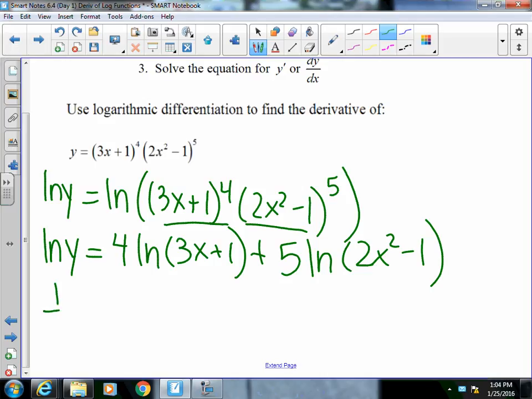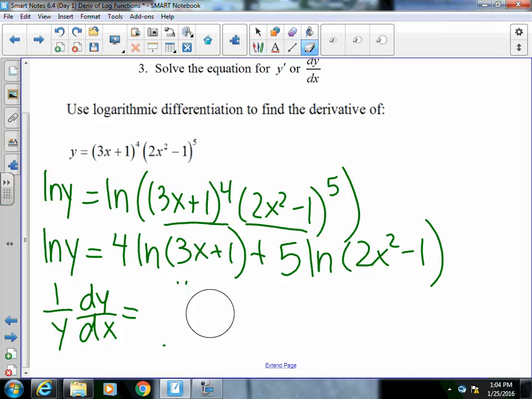So the derivative of ln of y is 1 over y dy/dx equals the derivative of 4 ln of 3x plus 1, which is 4 over 3x plus 1. Actually, let me show that. Keep the 4.